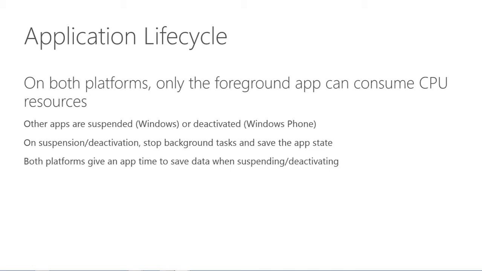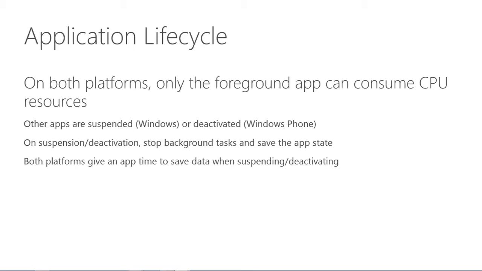Other apps are suspended or deactivated when your app is in the foreground. They are still in memory so that they can be brought back and rehydrated very quickly. But when you are suspended or deactivated, your app just stops running, and so you have to save your state.